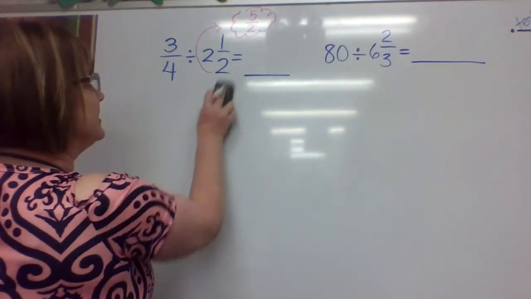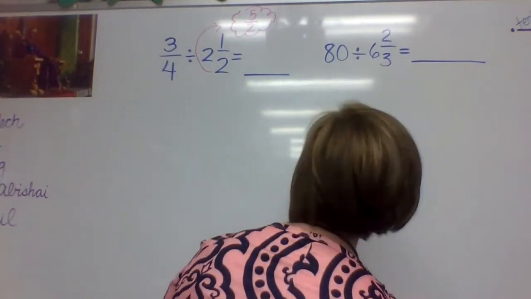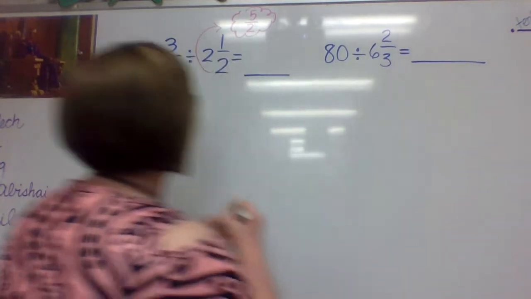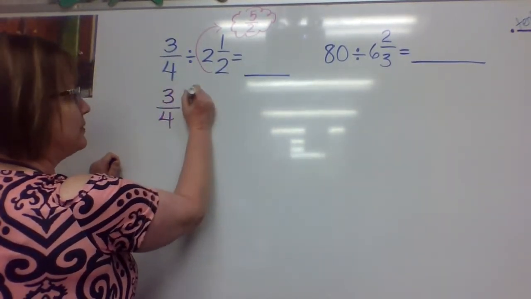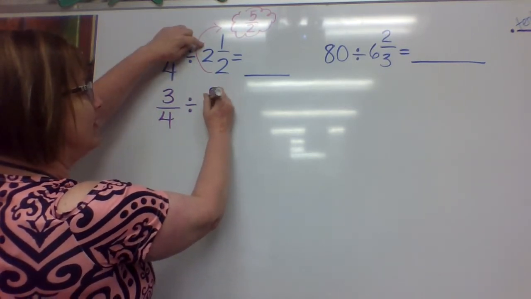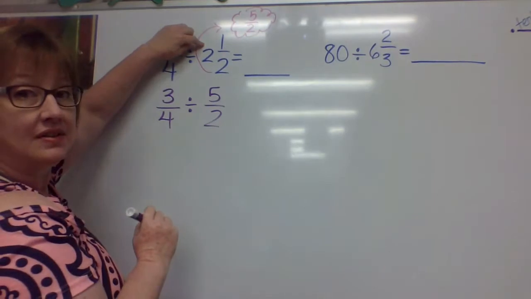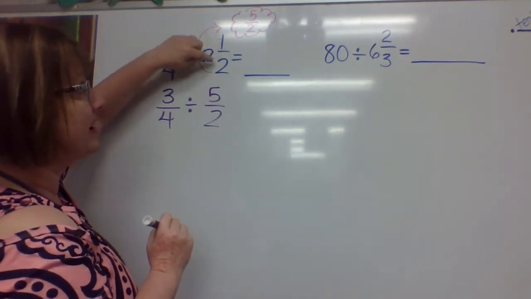You might want to do this too. I'm not sure if you can see that pink. Rewrite the whole problem as a division problem first, right? 3/4 divided by, and do the backward C here, 5/2. 2 times 2 is 4 plus 1 is 5/2.